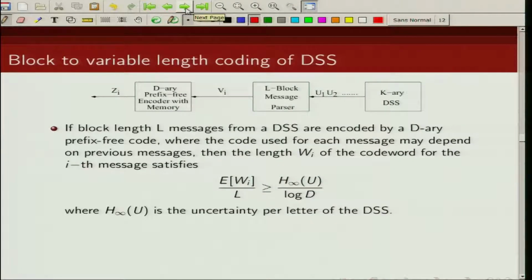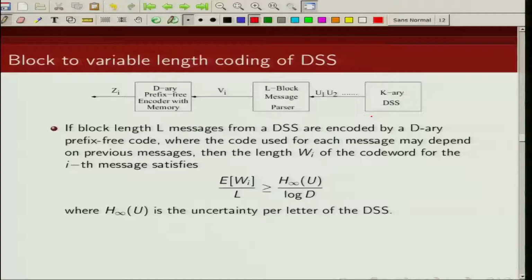Okay. Now that we have proved some properties of discrete stationary sources, let's go ahead and see how we are going to design a block to variable length coding scheme for a discrete stationary source. We have already studied this problem for a discrete memoryless source, and if you recall, we talked about optimal block to variable length encoding, which was Huffman coding for a discrete memoryless source.